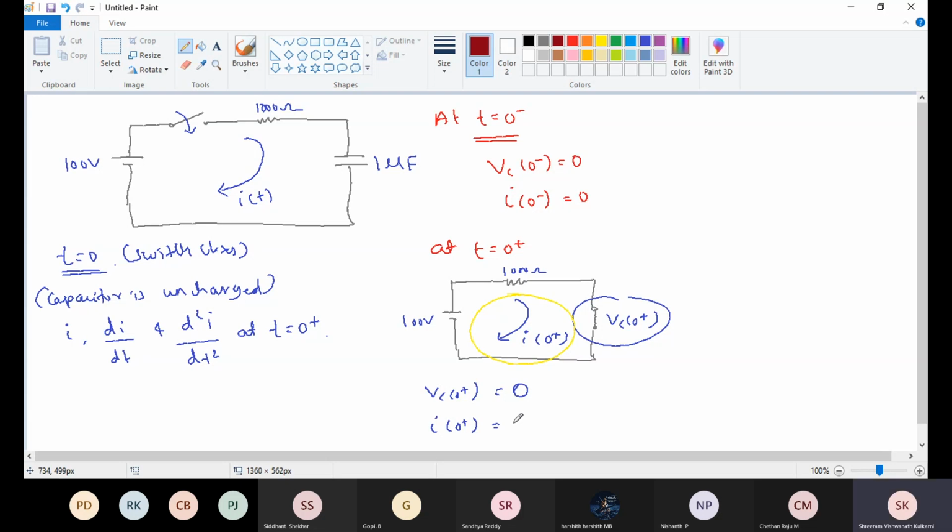If you are not responding, I am going to cancel the class first. 100 volt is there, 1000 ohm resistance is there. What is the I? 10.